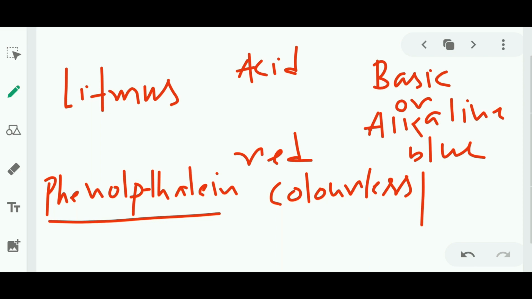In neutral solution it is colorless. So these are a few examples where different indicators show different colors in different solutions. Remember that litmus solution is an acid base indicator.